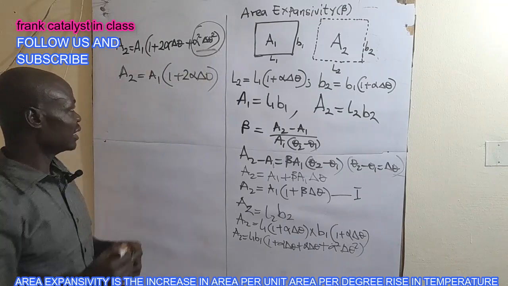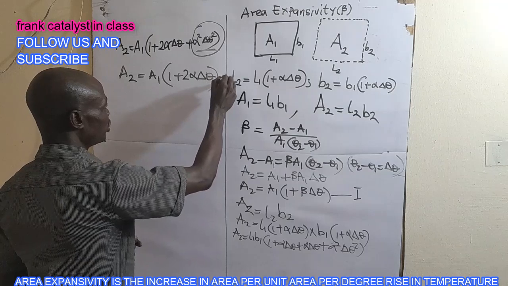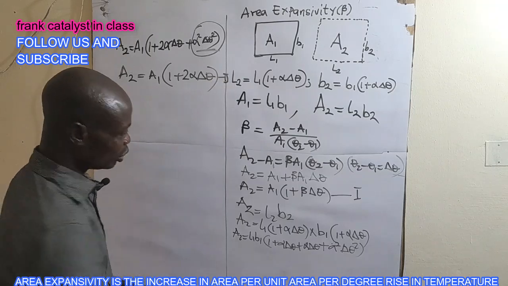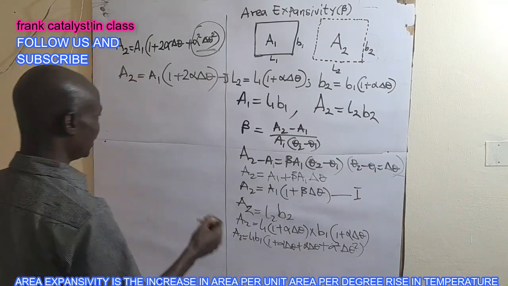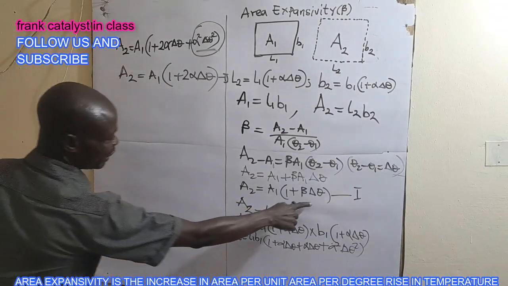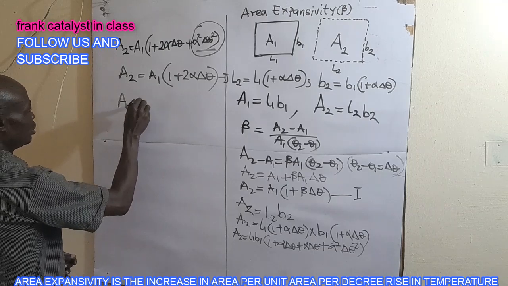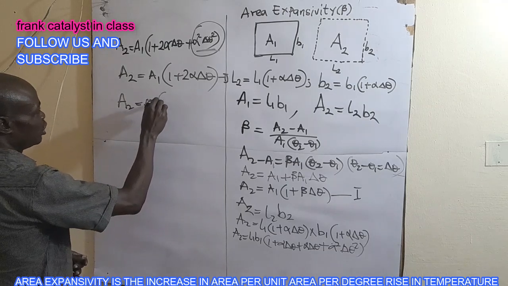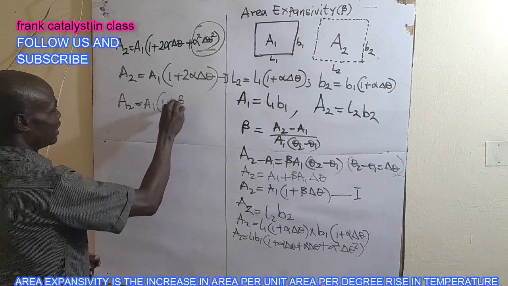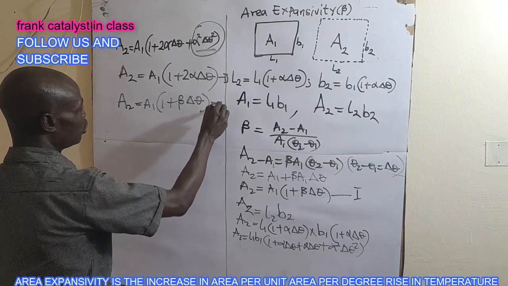So let us compare the two equations. If we bring equation 1 here, we see that A2 is equal to A1 bracket 1 plus beta change in theta. So this is our equation 1.